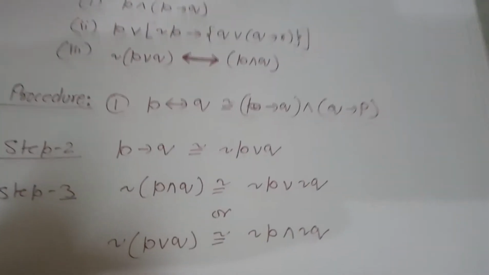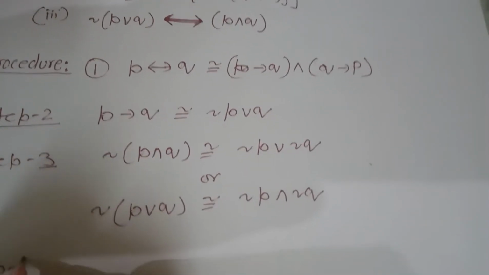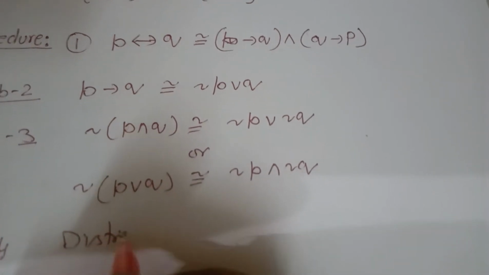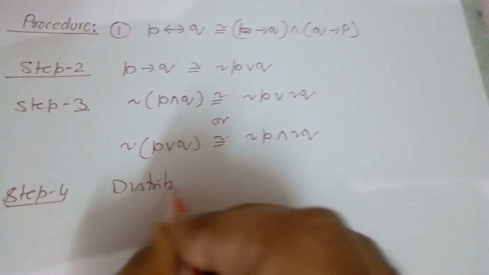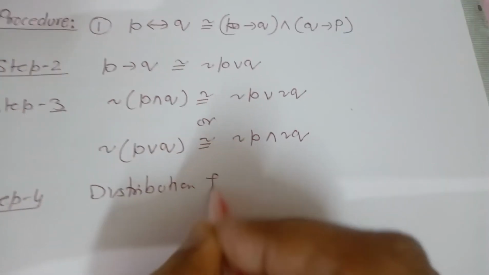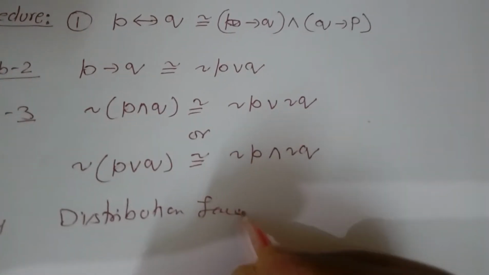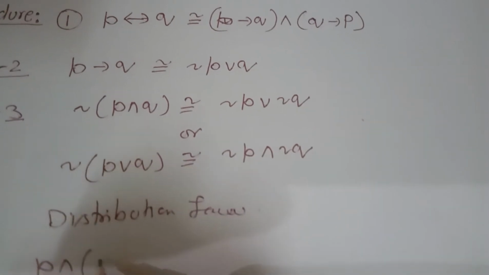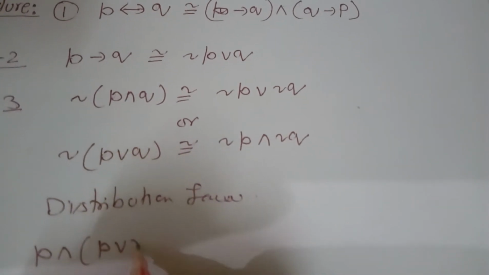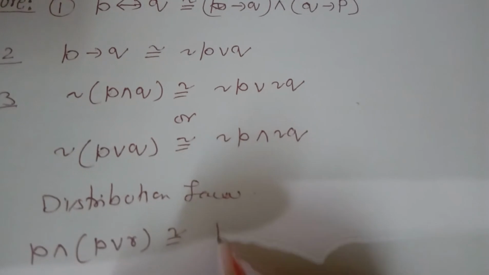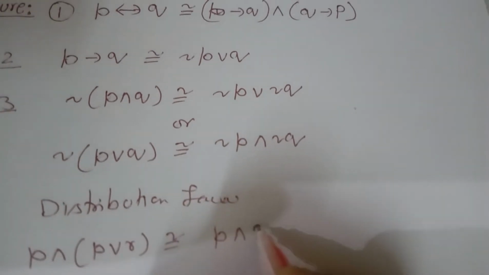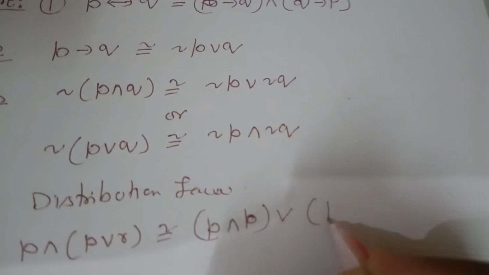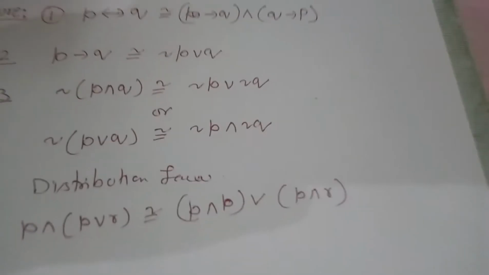And at last, in step 4, we will apply the distribution law. Distribution law is given as: P conjunction (Q or R) is equivalent to (P conjunction Q) or (P conjunction R).